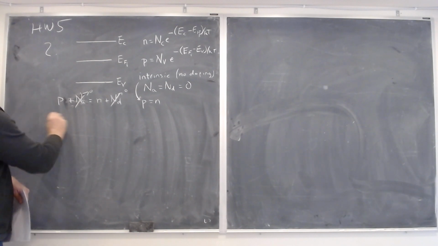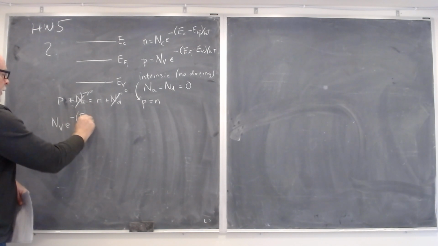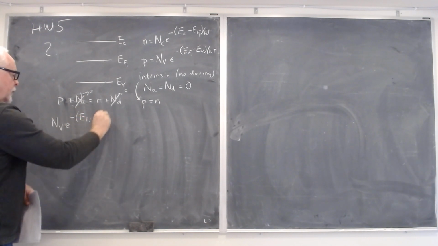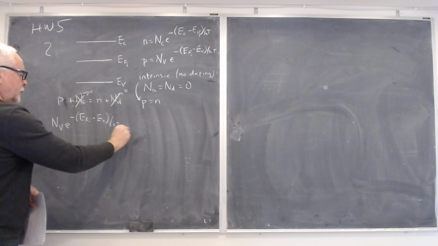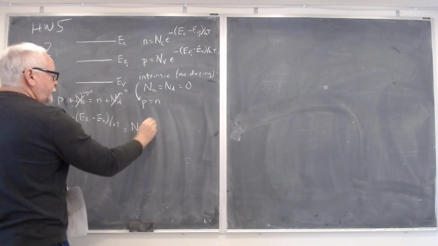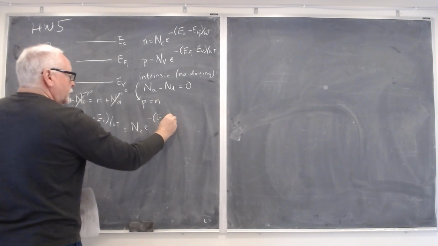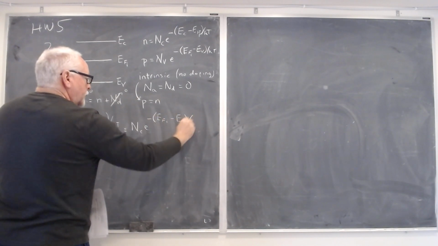So if p equals n, then basically N sub V e to the negative (EFi minus EV) over kT is equal to N sub C e to the negative (EFi minus EC) over kT.